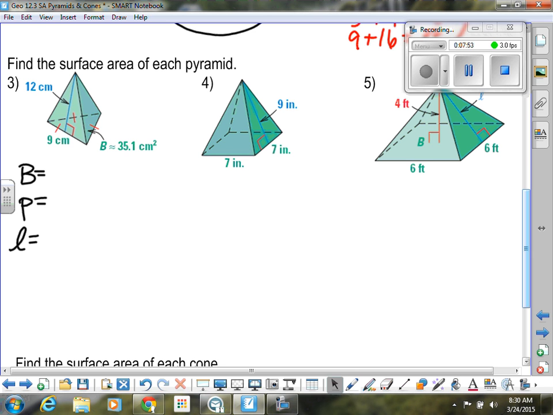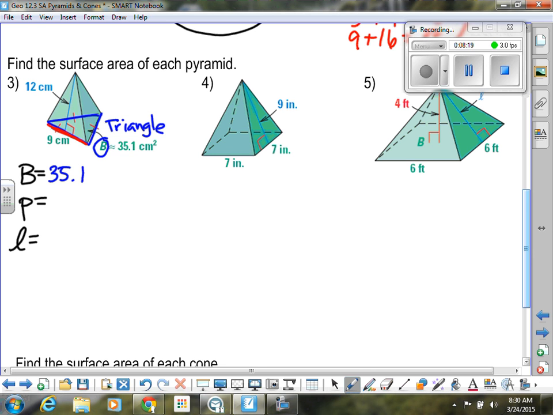All right, so if we look at our diagram, they gave us capital B already. So they gave us the area of the base, and keep in mind, the base is a triangle here. So I can write this is 35.1. The perimeter is going to be all of the sides added up.